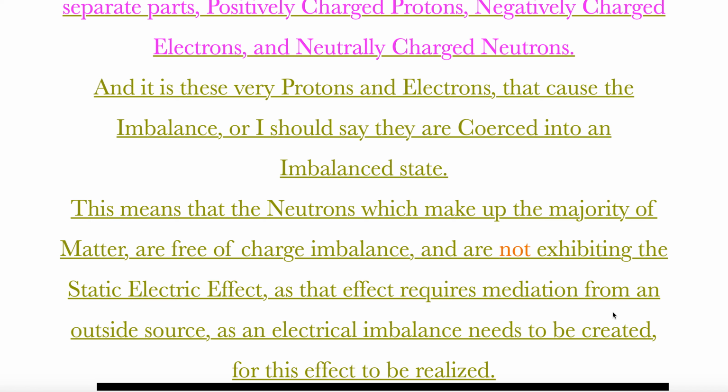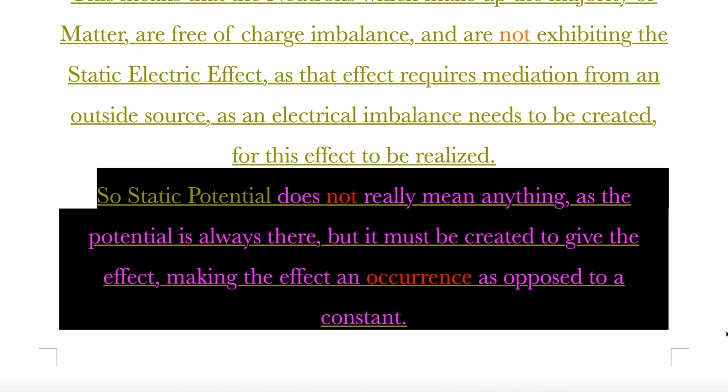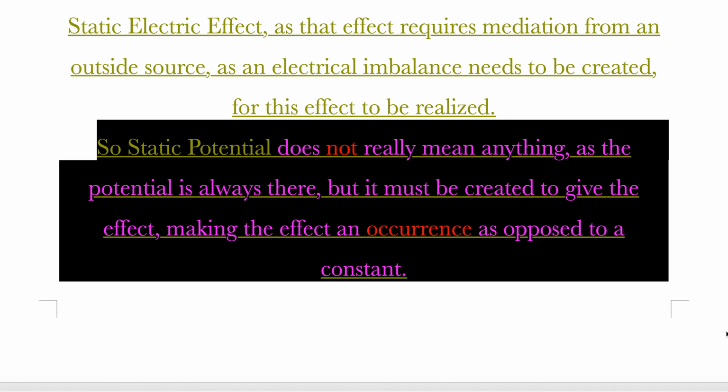This means that the neutrons, which make up the majority of matter, are free of charge and balance and are not exhibiting the static electric effect, as that effect requires mediation from an outside source as an electrical imbalance needs to be created for this effect to be realized. So static potential does not really mean anything, as the potential is always there, but it must be created to give the effect, making the effect an occurrence as opposed to a constant. That's an important point, because we don't experience it all the time. We experience it occurring, but we don't experience it as a constant.